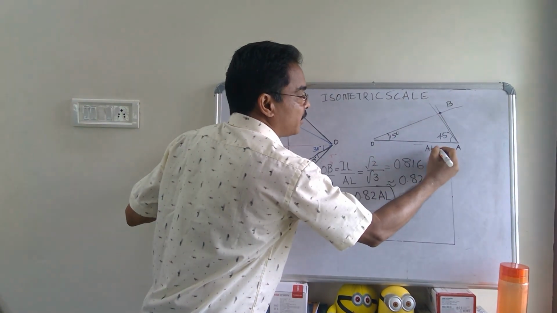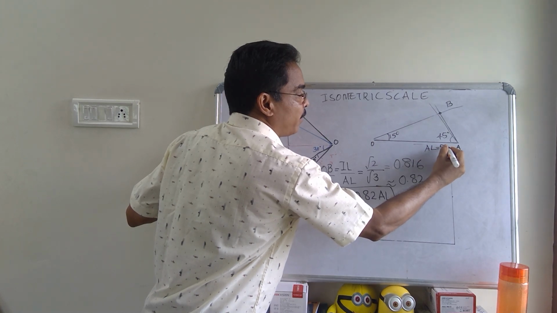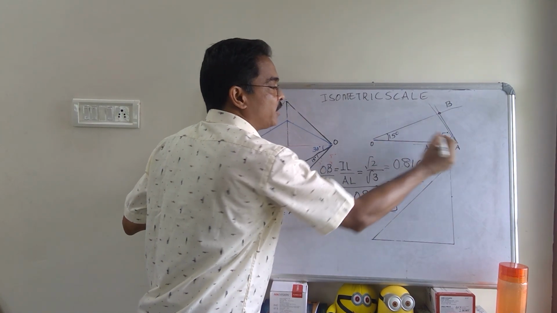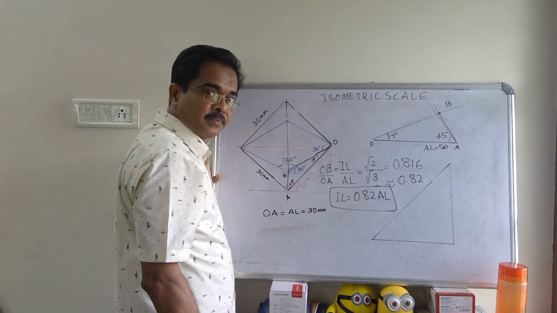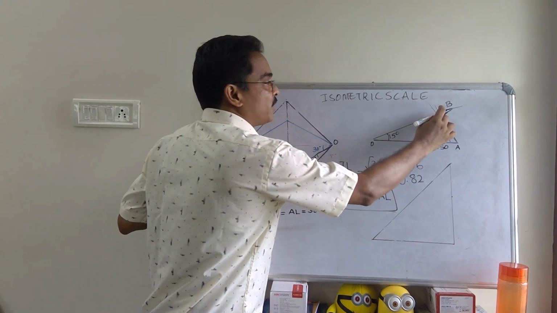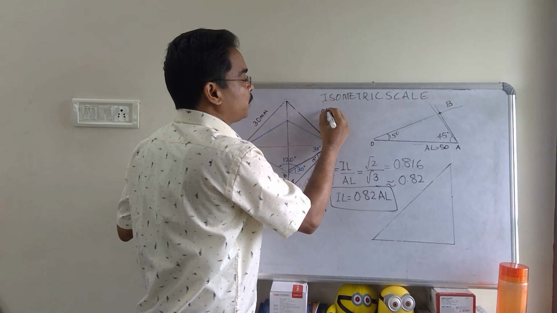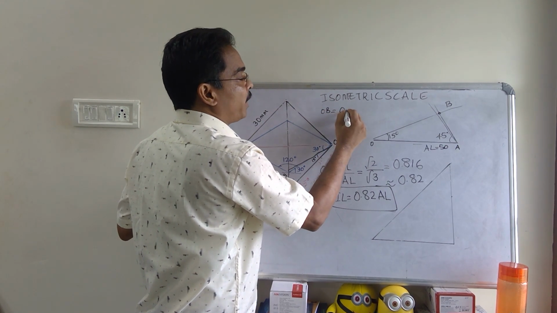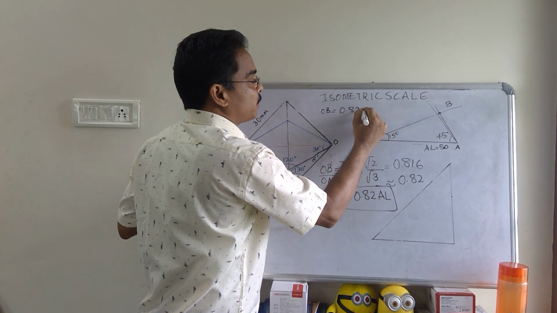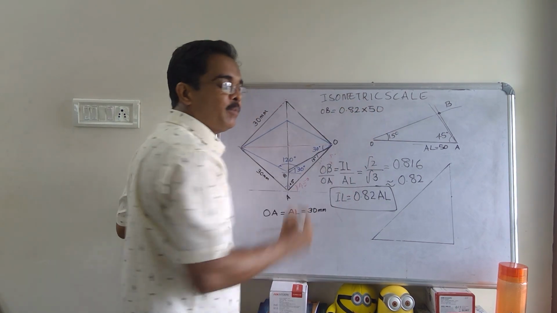Suppose this actual length is, say, 50 millimeter, that means OA is equal to 50 millimeter. What is this length, OB? OB is equal to 0.82 times 50 millimeter.